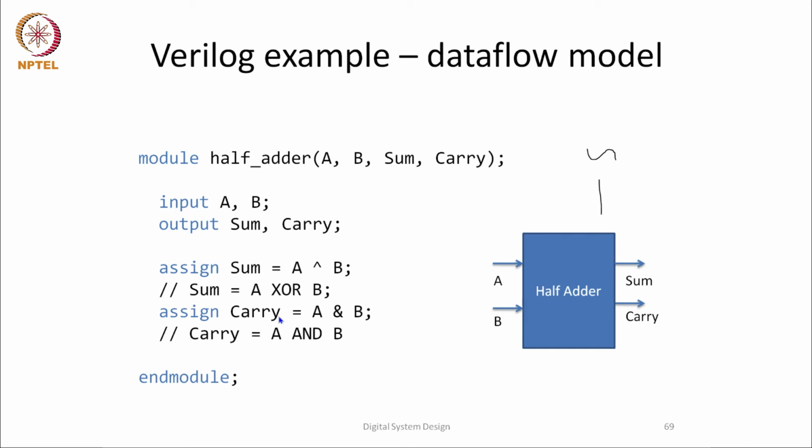And further, you can combine multiple signals in an array, and those signals can be combined and then assigned. All of these features make this data flow model quite powerful. We'll use this in some practice assignments, and then we'll understand.